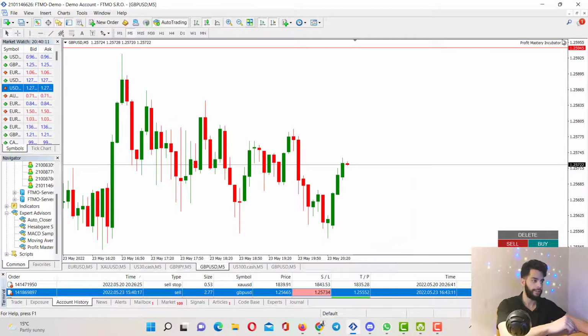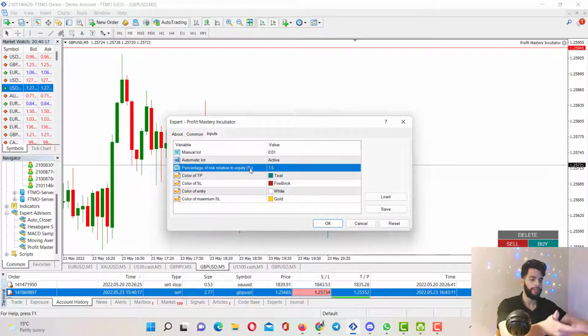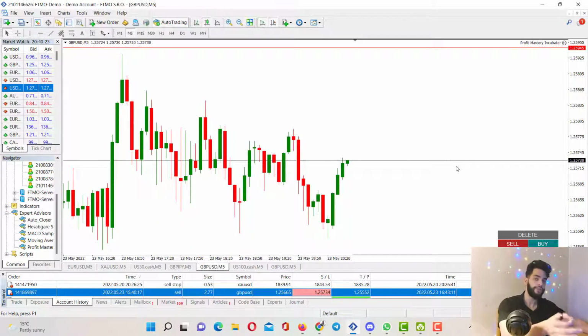You go to the setting tab, go to inputs, activate the automatic lot, and tell the program how much you're willing to risk, let's say 1.5%, and then it gives you that lot size based on your stop loss position.